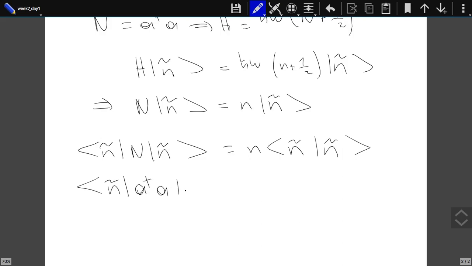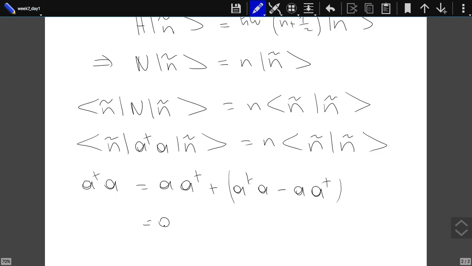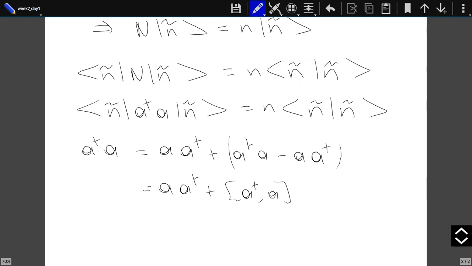N operator is nothing but A† A. Well, you see, A† A is just A† A plus A A† minus A A†, which is A A† plus the commutator of A† and A. Well, we had already calculated this commutator. That commutator is nothing but minus 1.